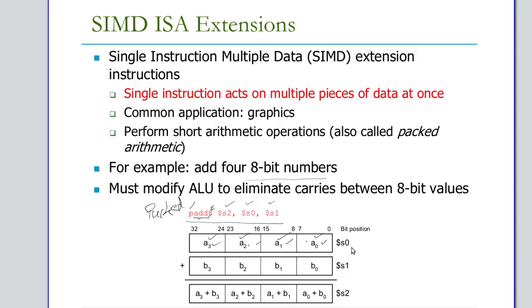So this is the story of S1. In S2 also you are having 4 different values. So when you are performing this packed add operation, it will perform the 8-bit addition for all the 8 bits. It will perform A0 plus B0, A1 plus B1, A2 plus B2 and A3 plus B3. So it is fairly very simple.